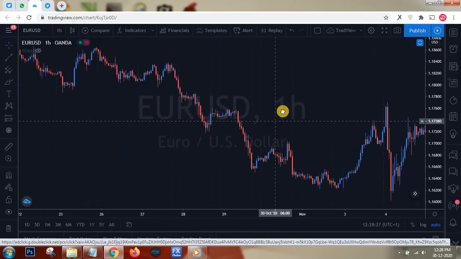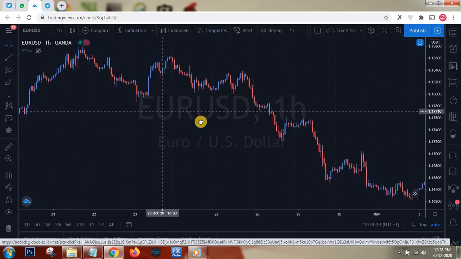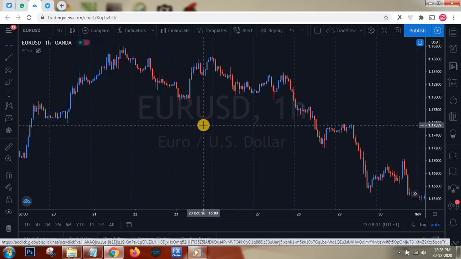Now let's start with our first candlestick pattern. But before I go through the candlestick patterns, I'm going to tell you that what I'm about to show you works on all trading styles, on all strategies. So if you have your personal strategy and it's not really winning for you, then you might be doing something wrong.